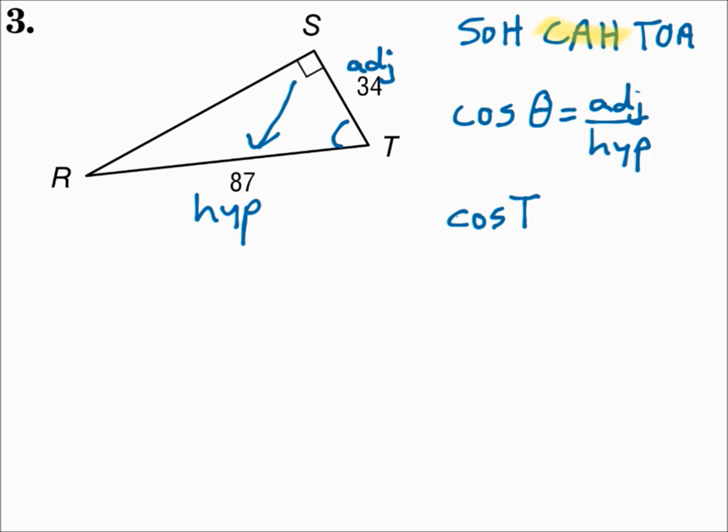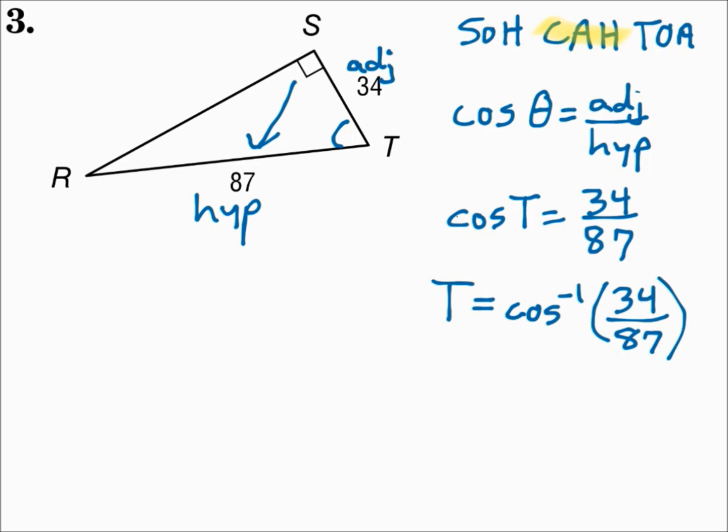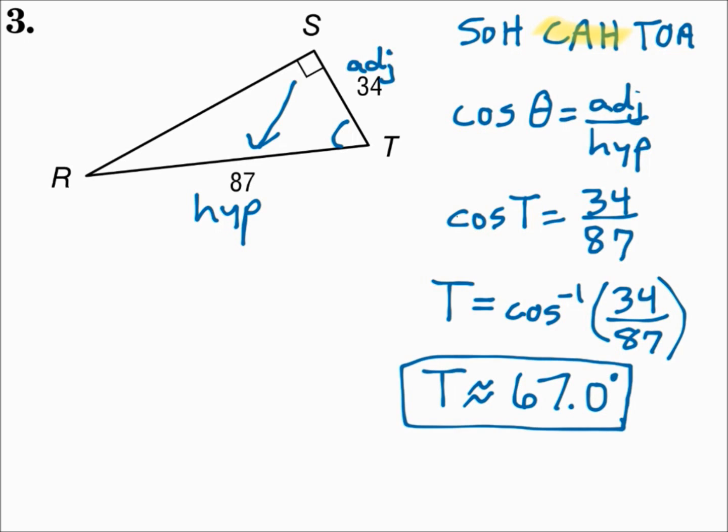The angle is T, adjacent is 34, and hypotenuse is 87. To find T, do the opposite of cosine, which is arc cosine of 34 over 87. And when you punch that in the calculator, you get approximately 67.0 degrees. I'm using adjacent and hypotenuse, so I use the cosine formula.